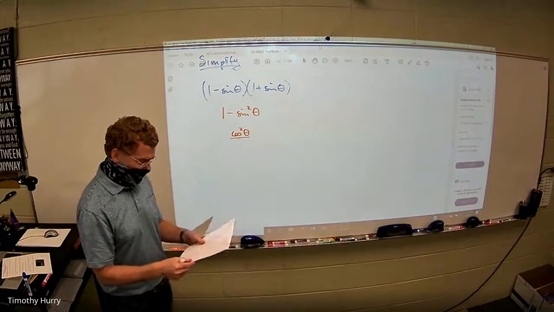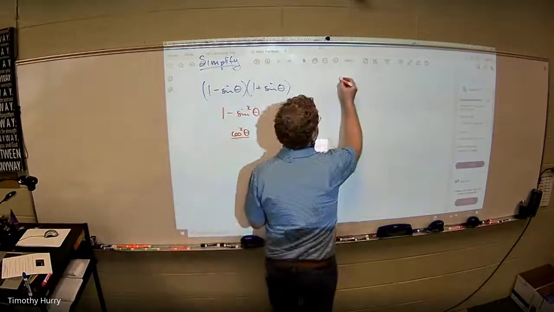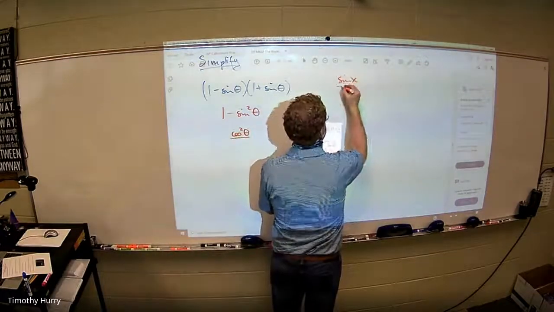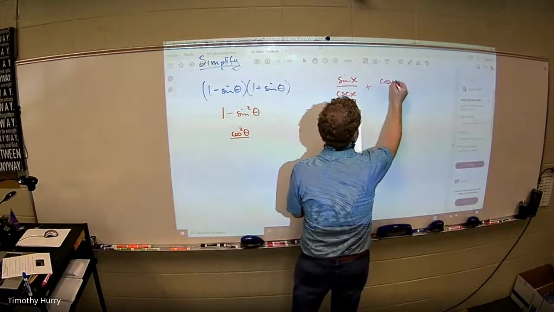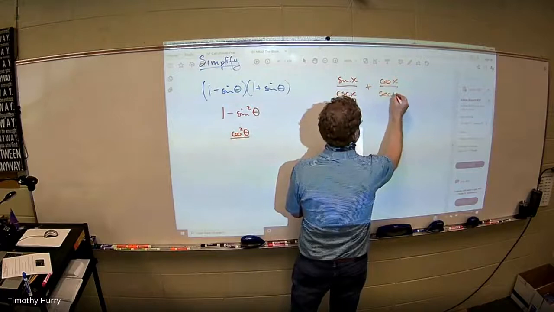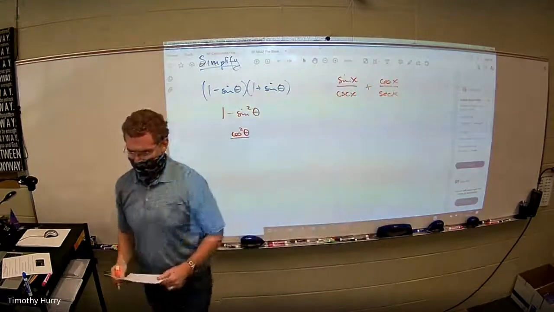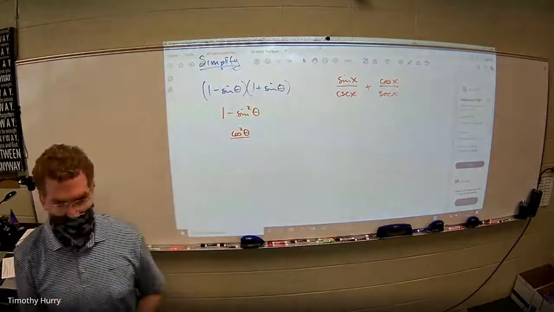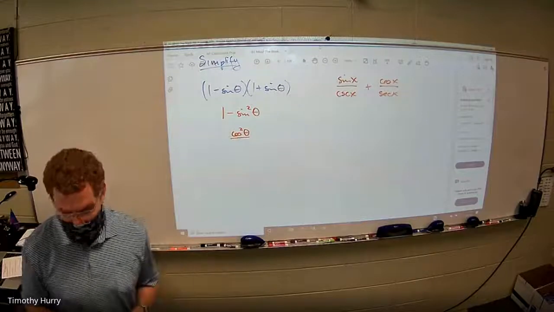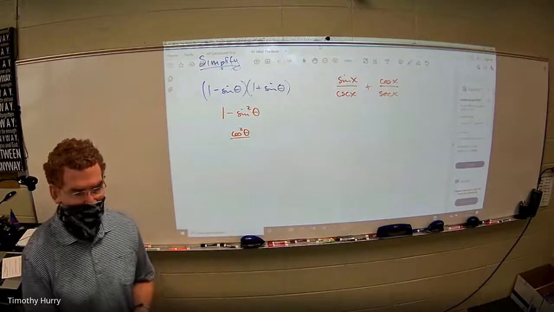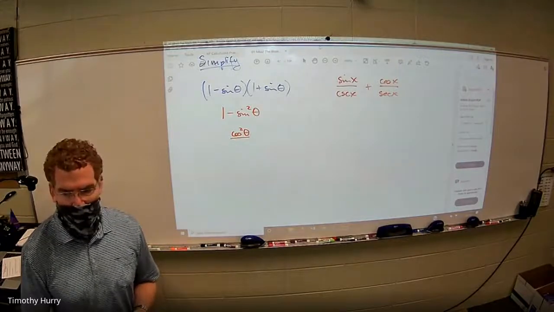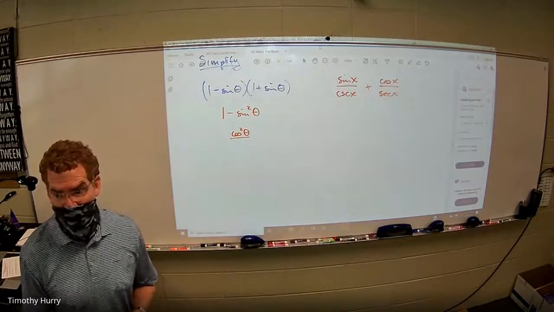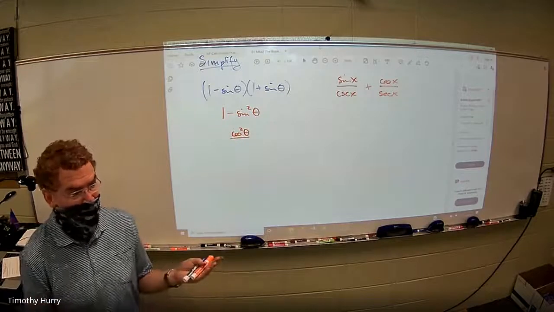All right, what about this? Sine of x over cosecant x plus cosine x over secant x. Anybody got any ideas? Change it all to sines and cosines. How would I do that? Really, changing it to sines and cosines and putting everything in the numerator is kind of the same thing, right?